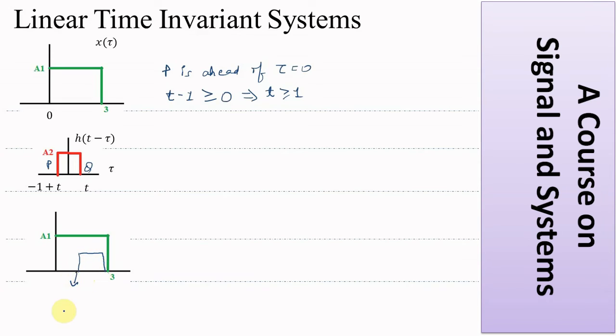This leg will be t minus 1, this leg will be t. So I am saying that now this t minus 1 is ahead of 0, which means t is larger than 1. But q is still behind 3, which means t is still behind 3.